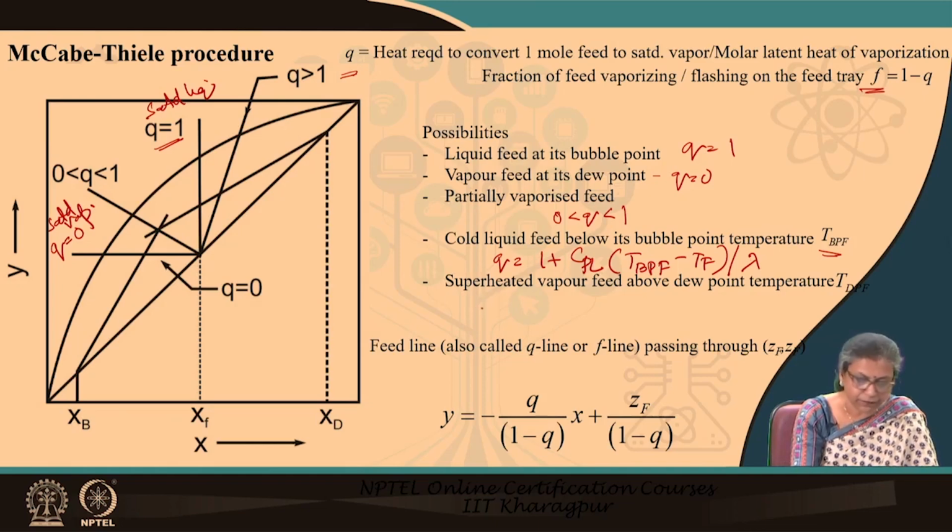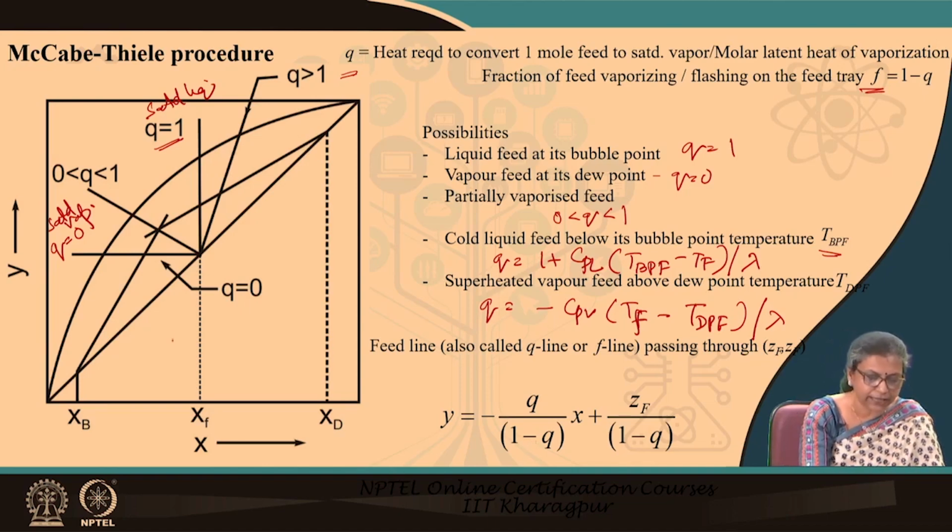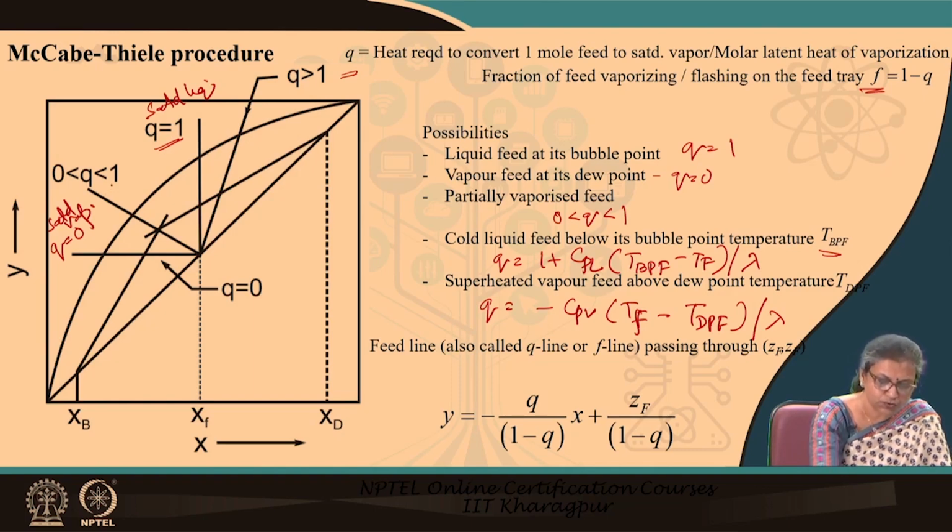And in the same way, if it is superheated vapor, then it is going to be minus Cpv into (Tf minus T dew point of the feed) divided by lambda. So, depending upon the feed, you can understand that there are different situations. This corresponds to saturated vapor, this corresponds to saturated liquid, and this corresponds to the two phase mixture.